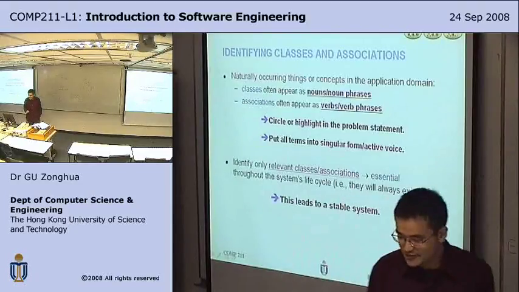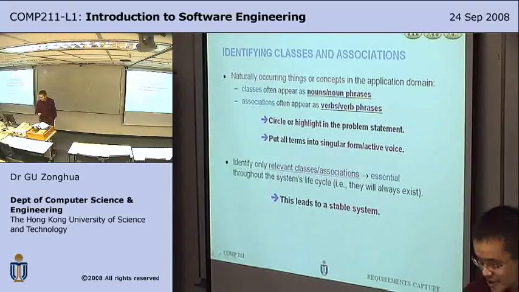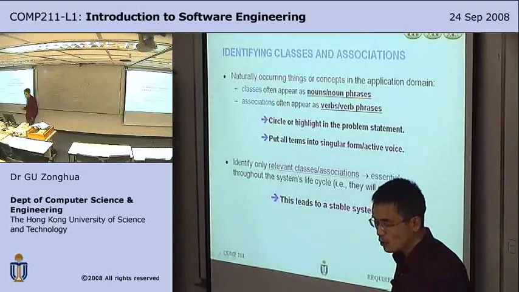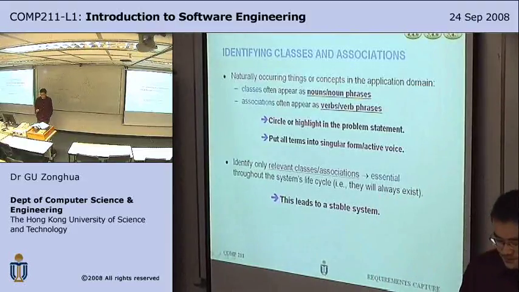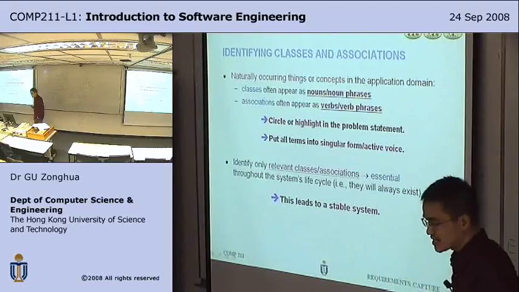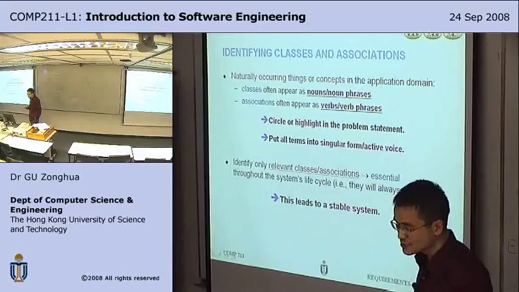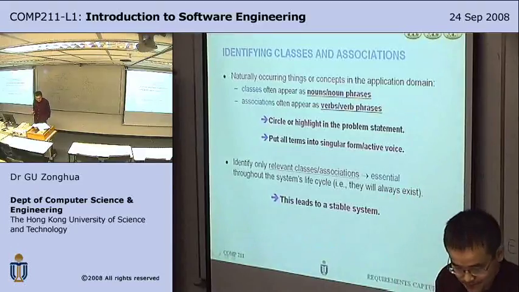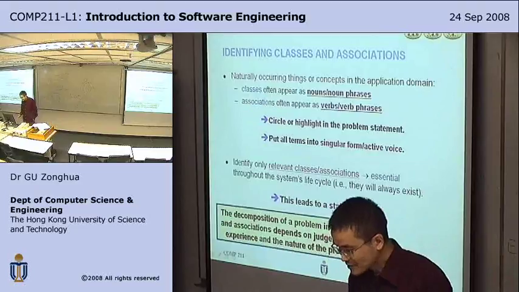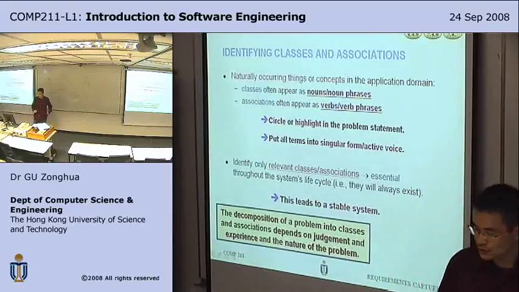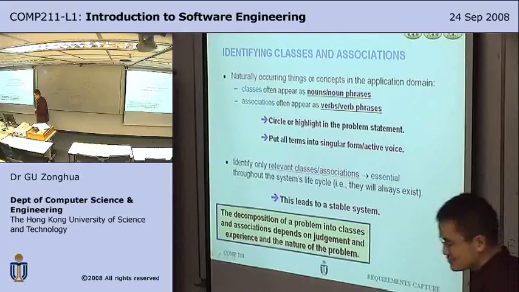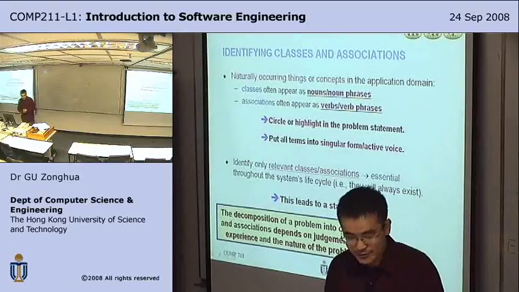So identify only relevant classes and associations essential throughout the system's life cycle. That is, they will always exist throughout from design to development to testing, etc. So this leads to a stable system. The decomposition of the problem into classes and associations depends on judgment and experience and the nature of the problem.